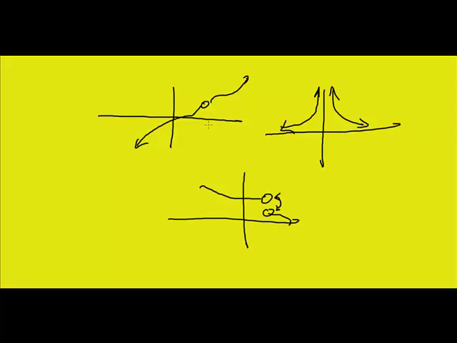So this is removable, this is non-removable, and this is a jump discontinuity. Those are the three types of discontinuities we can have.